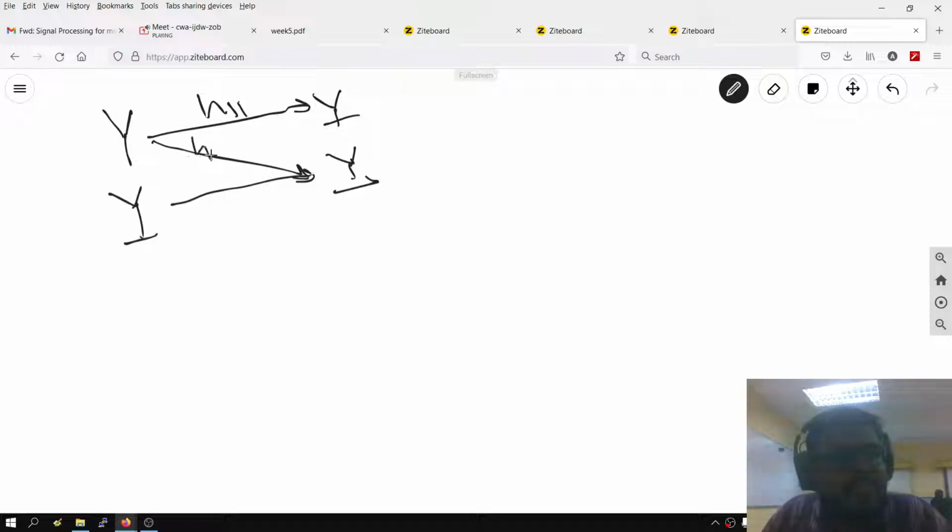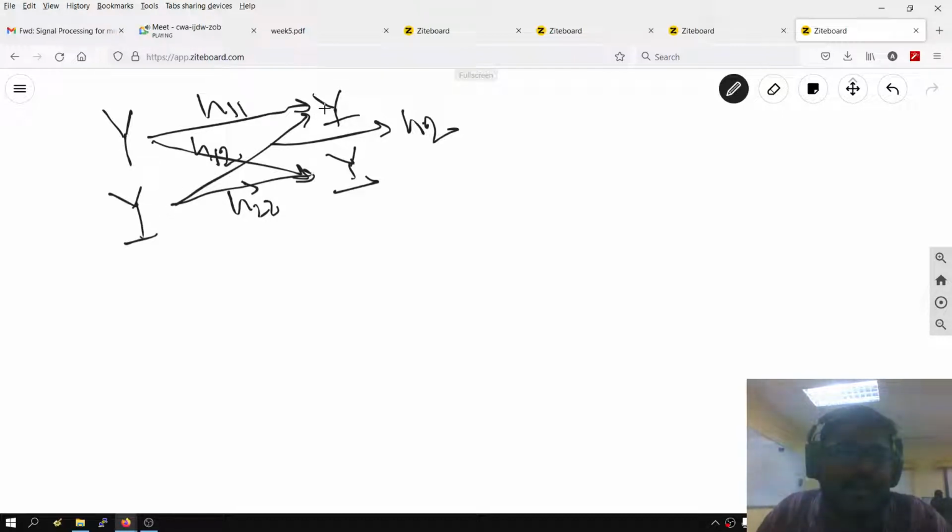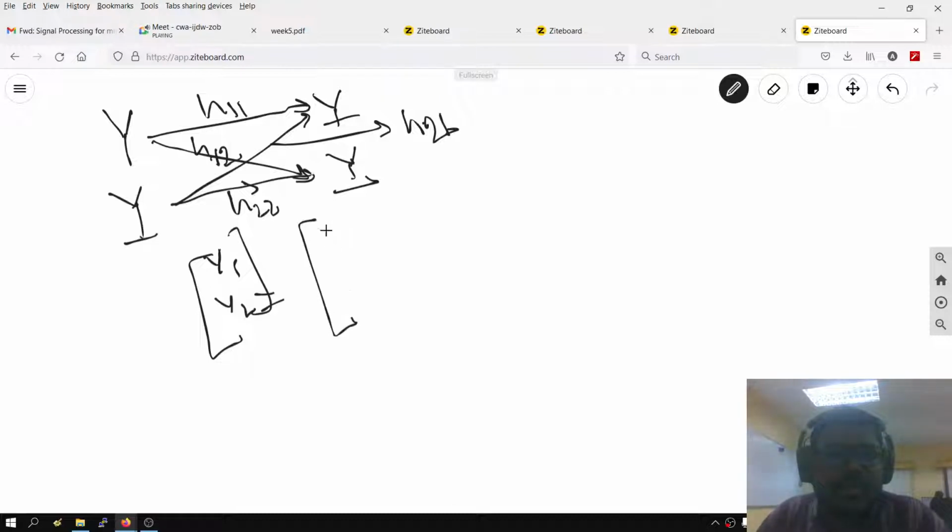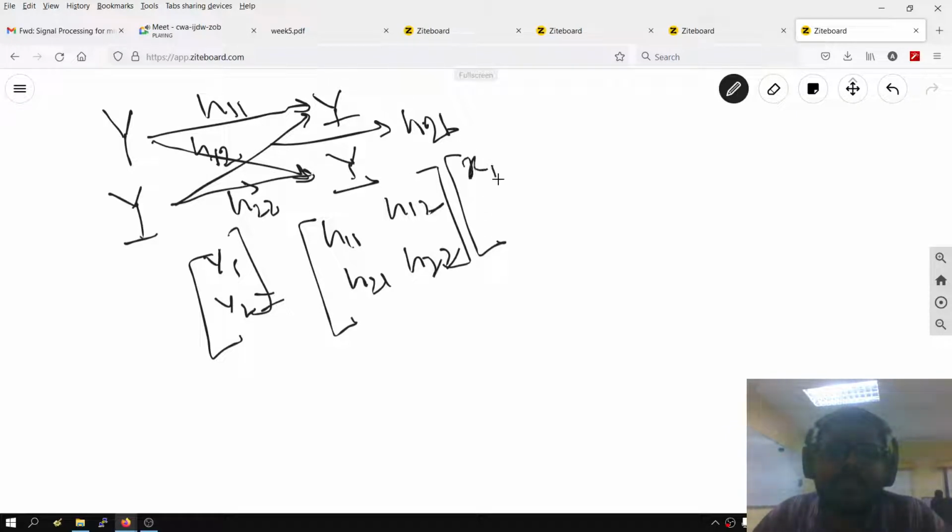This is transmitted from transmitter 1 and received at 2. This path I denote by H22. And this path is going from the transmitter side to receiver end 1. So whenever we write the equation, it is y1 y2 becomes h11 h12 h21 h22, and whatever signal I have transmitted, x1 and x2, plus the noise adding up here.